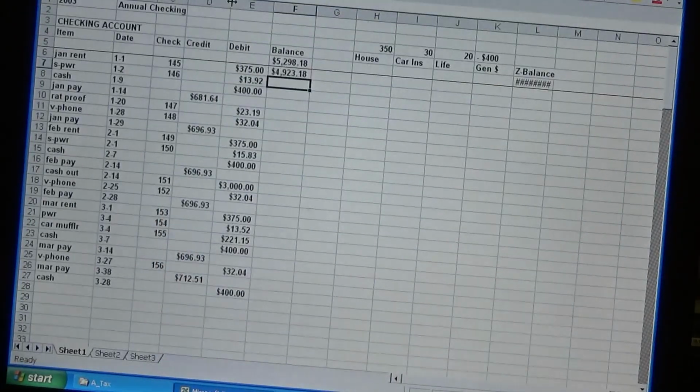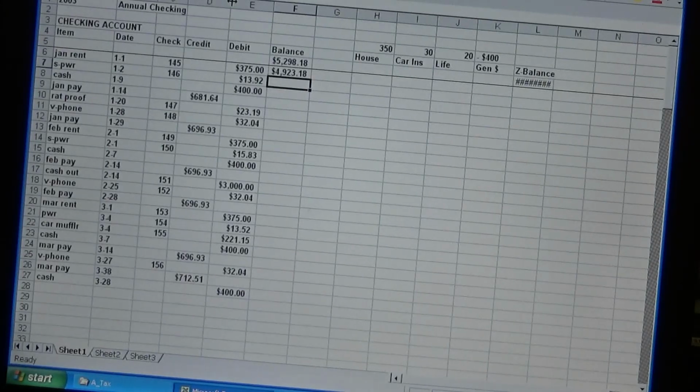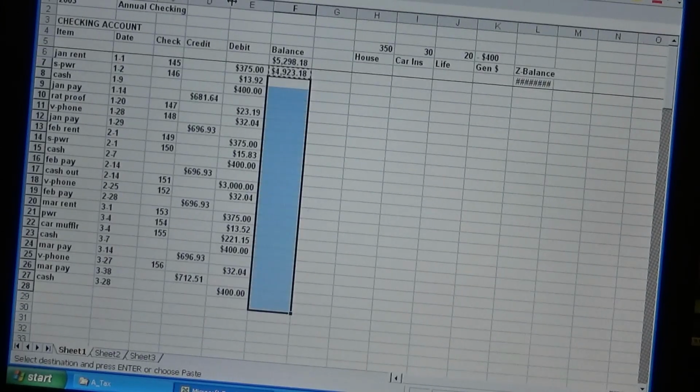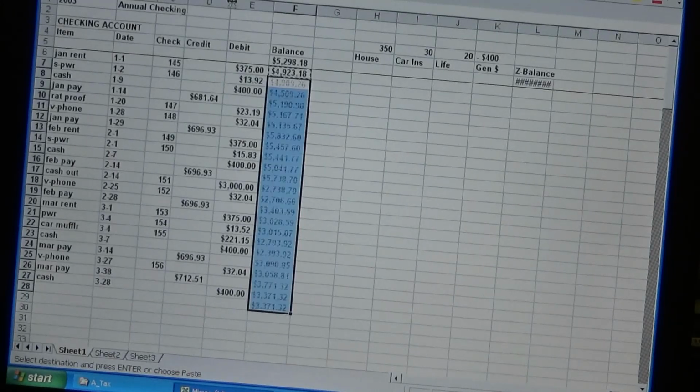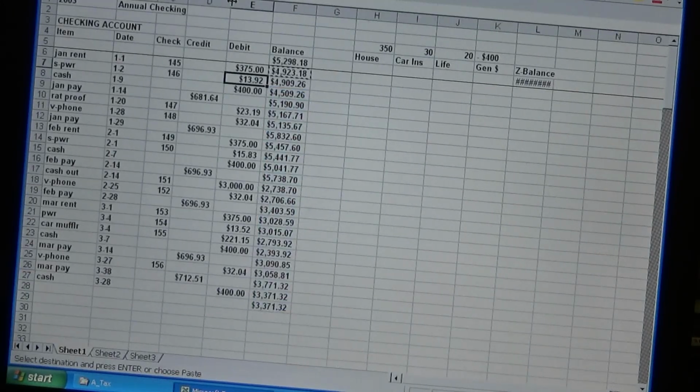And that formula will calculate for us. And because it does such a wonderful job, we'll do a Control-C to copy, and Shift, and then go down, Control-V, we'll paste it, and it automatically does the totals for us.